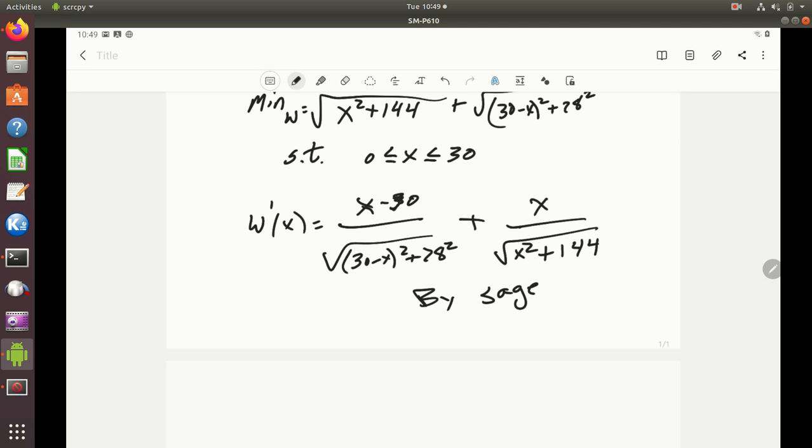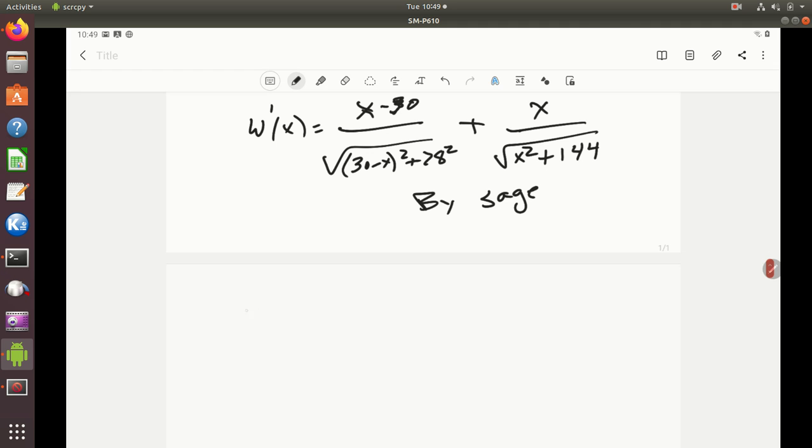Okay, so I've got that. W prime of x equals 0. X equals 9 by Desmos. Okay, and I've got that, and I could include the picture.